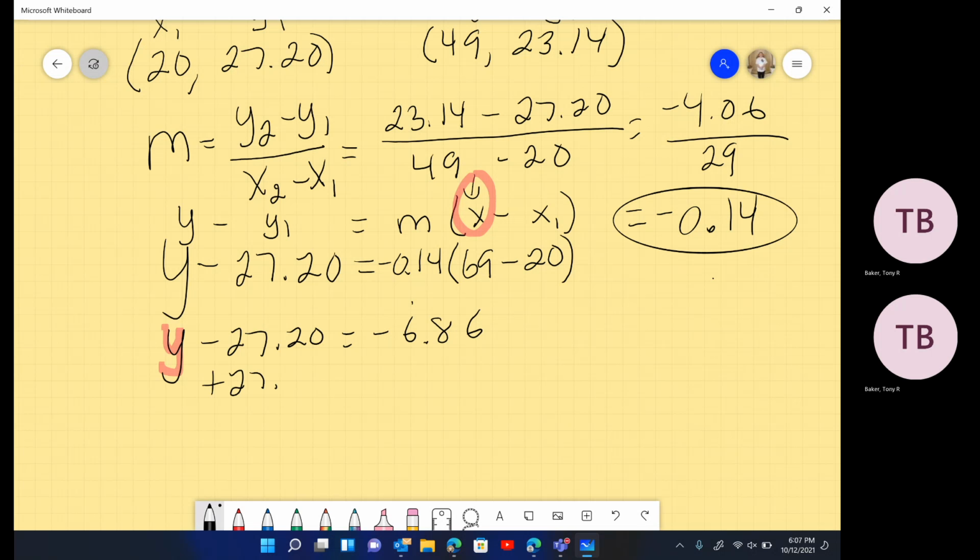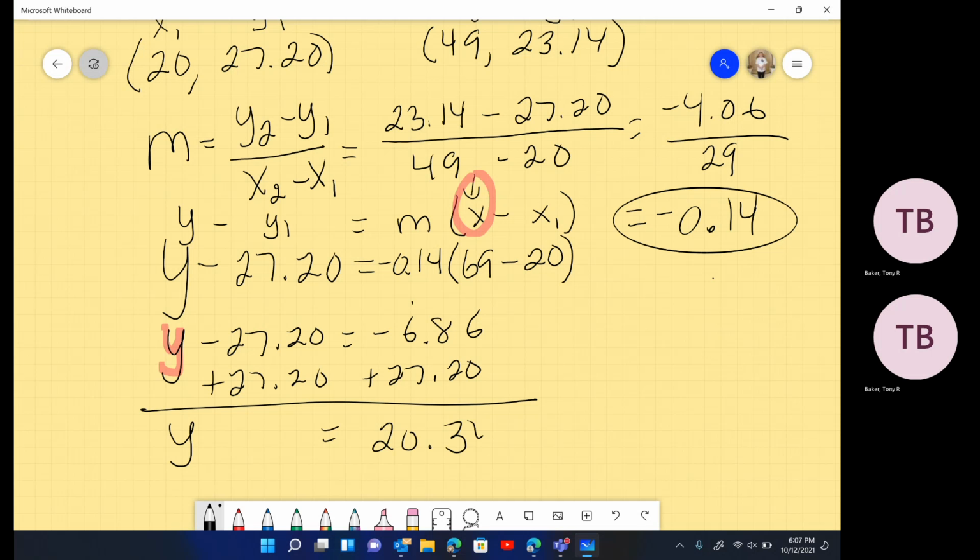And then we're going to add the 27.20 to both sides. So y equals $20.34. And that's my answer.